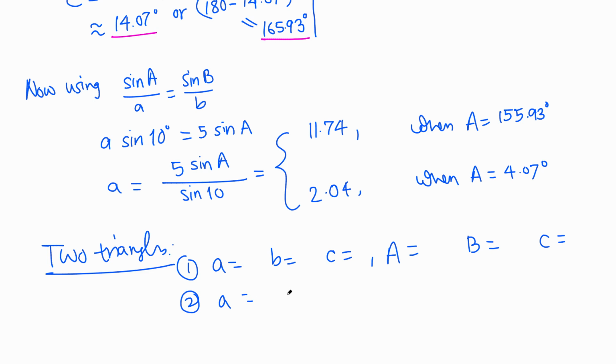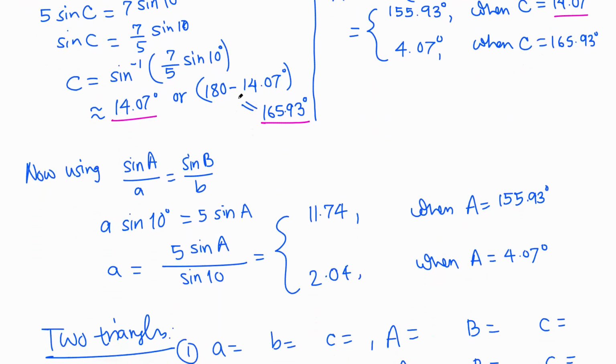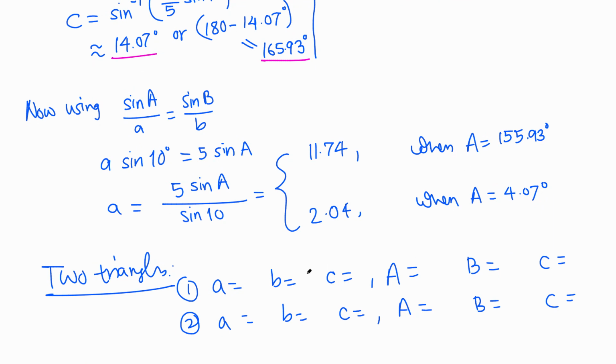If we look closely, these things are fixed: 5, 7, 10 for b, c, and angle B, in both triangles. These are degrees.